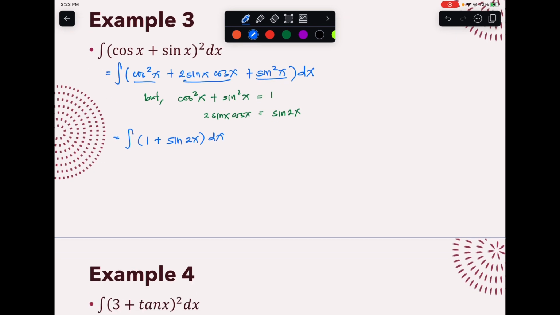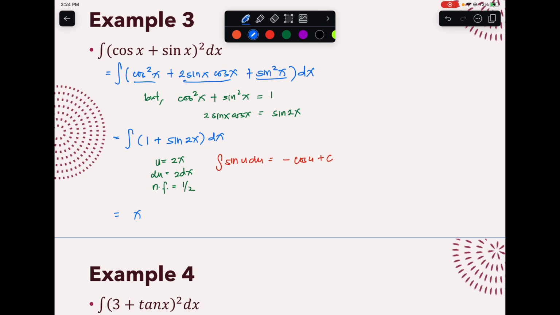From here, I can make u to be 2x, du to be 2 dx, and my neutralizing factor for sine 2x will be 1/2. Again, remember that the integral of sine u du is the same as negative cosine u plus c. So we can now find the integral. The integral of 1 times dx is simply x.